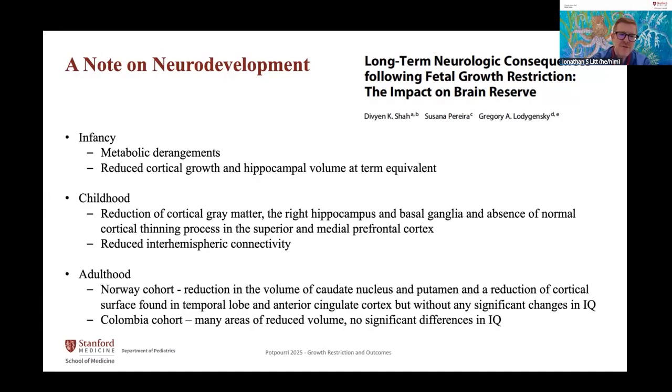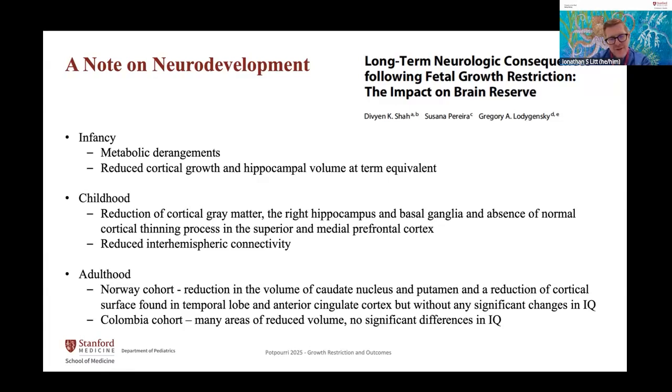In childhood, there's a reduction of cortical gray matter and some other areas of the brain. There's also some evidence that there's reduced intrahemispheric connectivity among children who had growth restriction in fetal life.